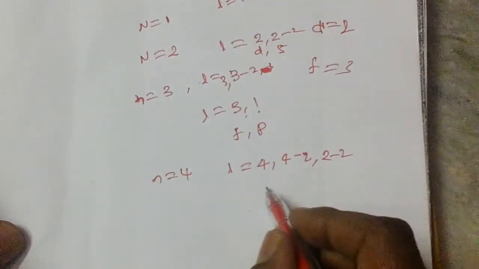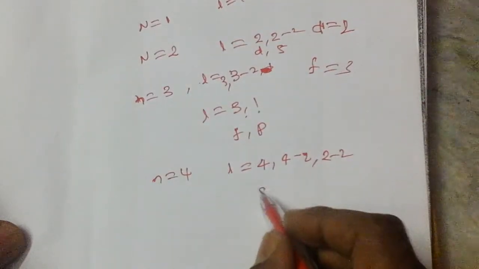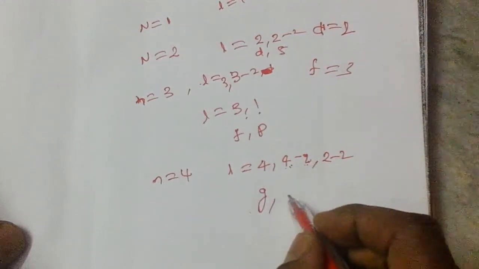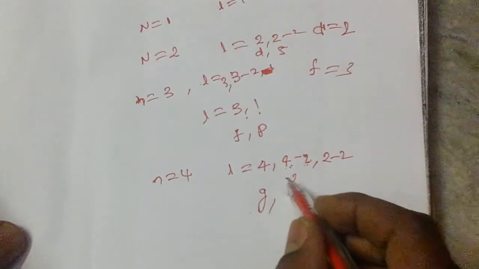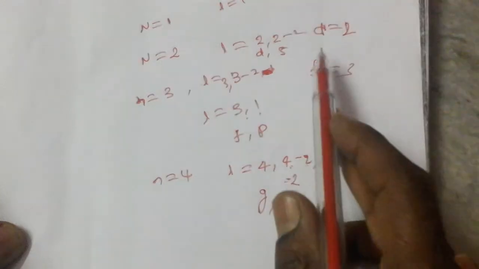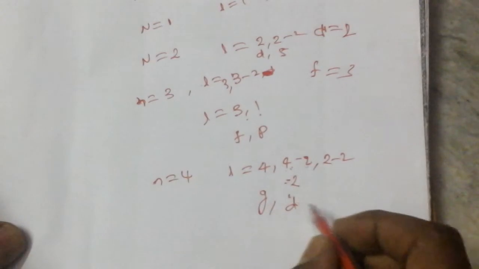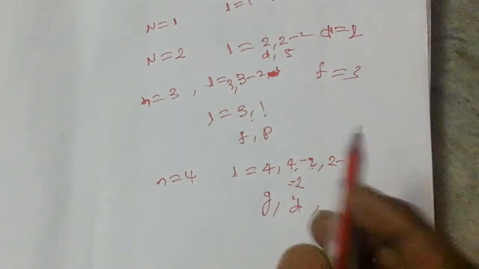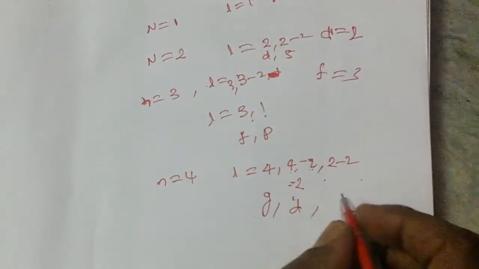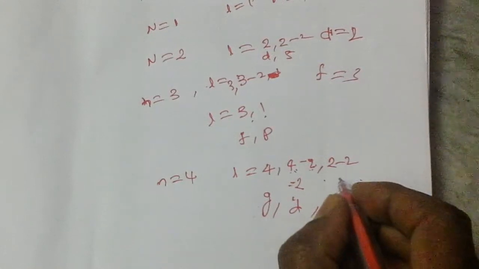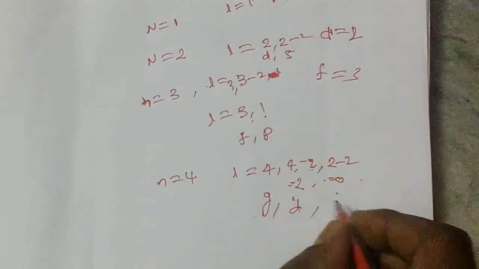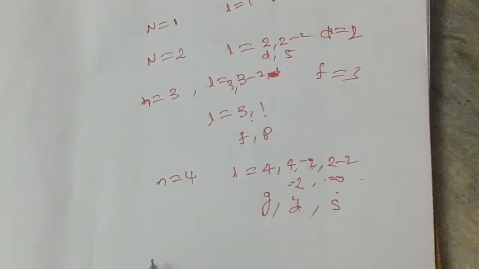So 4 means g, next 4 minus 2 is 2, 2 means I can write d, and 2 minus 2 means 0, s. So yes, g, d, s orbitals.